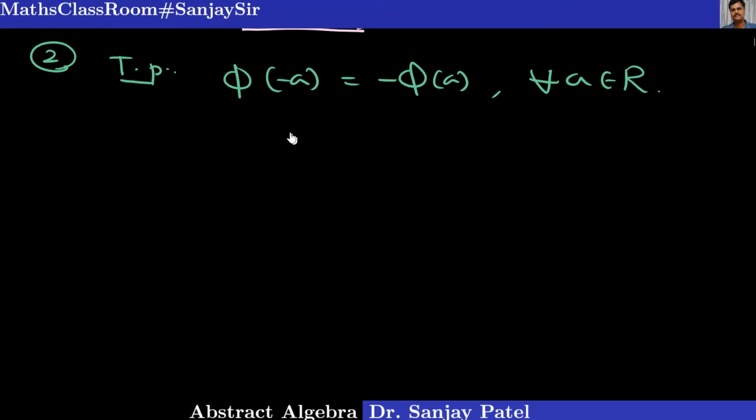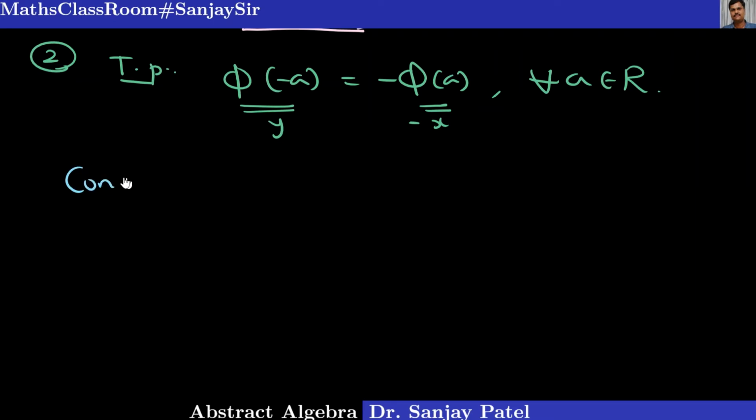If I call this, say, y, I want to show that y is the negative of x, y is equal to minus x. You can call phi of a equal to x. So let us begin like this. If you want to prove that y is equal to minus of x, then you should prove that x plus y is equal to 0 element.